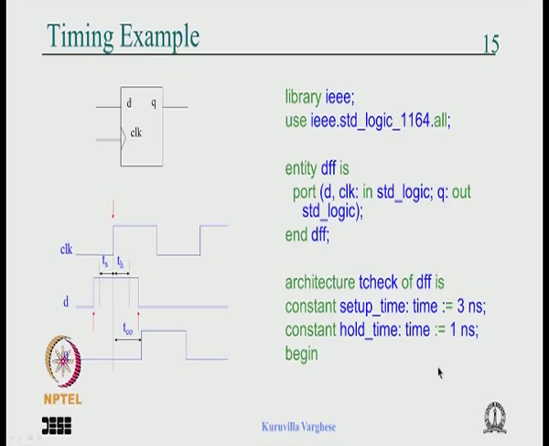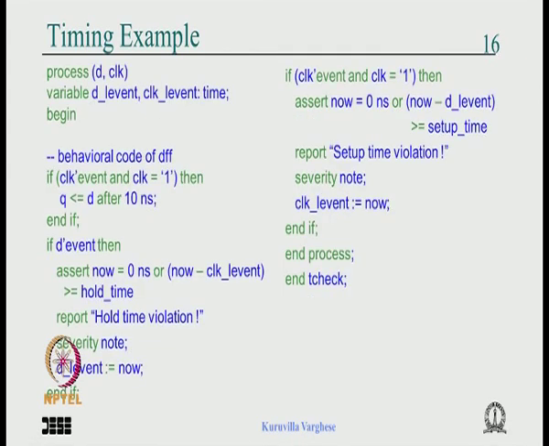You can catch the timing violation by message, otherwise you have to go through the waveform and, if something is wrong, catch it there. So this is one useful way of doing it. It illustrates delay modeling and timing violation check, just an example.